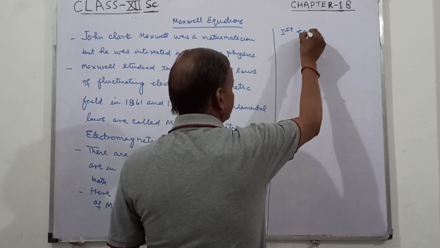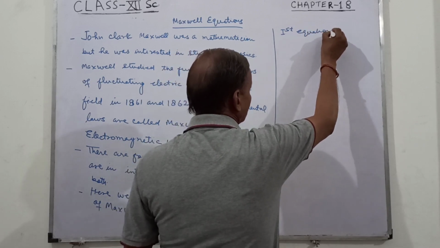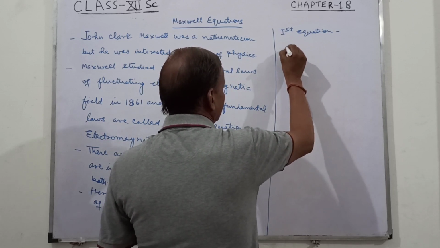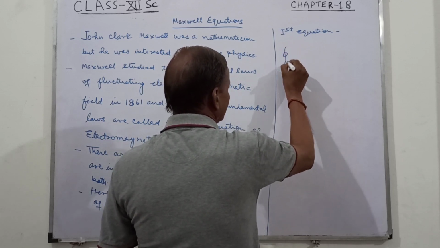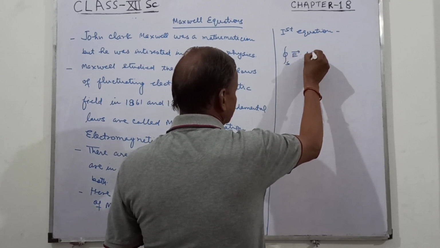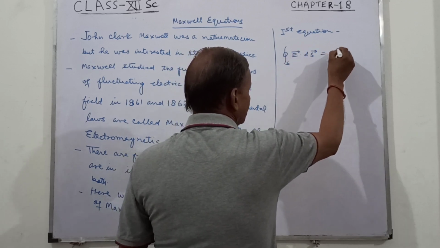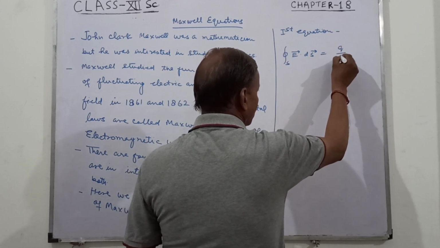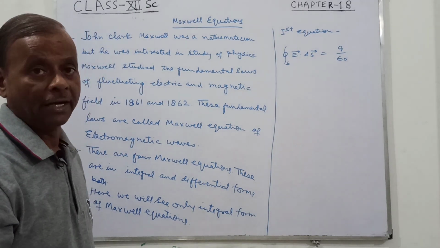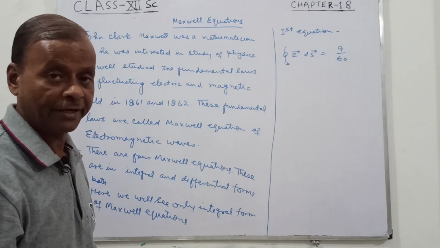First equation: surface integration E dot ds equal to Q upon epsilon naught. And this is the Gauss law of electrostatics.